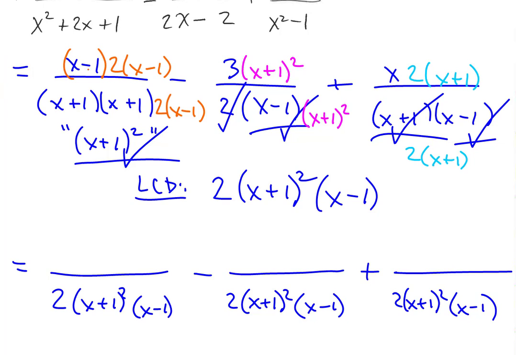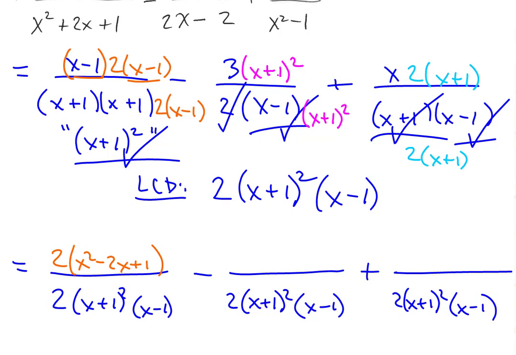If I clean that up by multiplying and combining like terms, the first numerator would end up being, really it's a 2 times x minus 1 times x minus 1. If you put that together, that's really x squared minus 2x plus 1, if you just FOIL those together. And then moving on to the second fraction, that numerator had a 3.